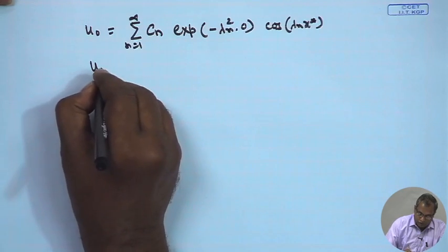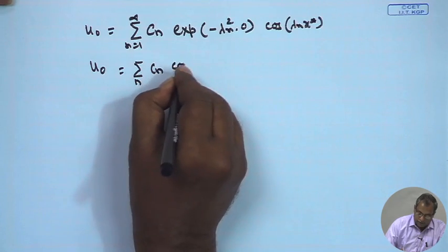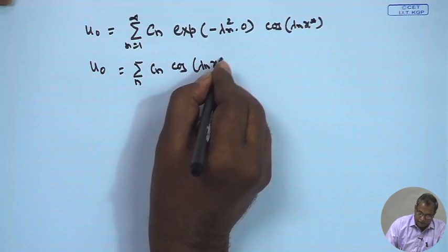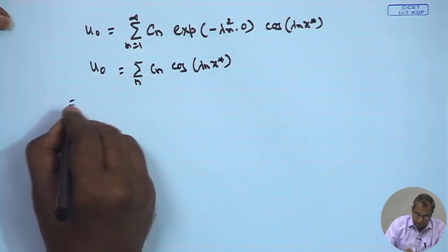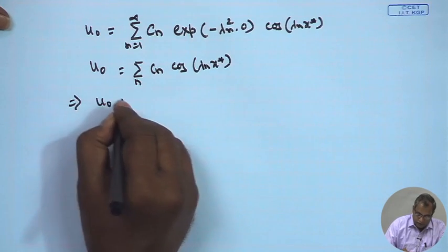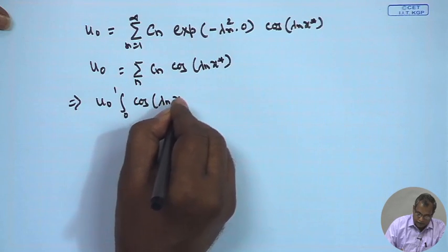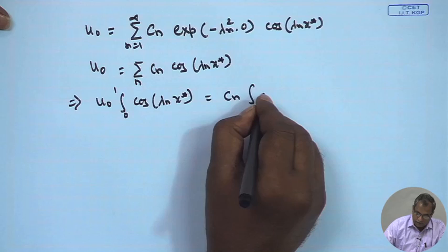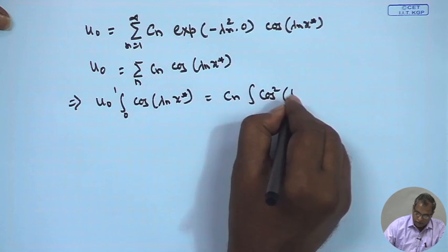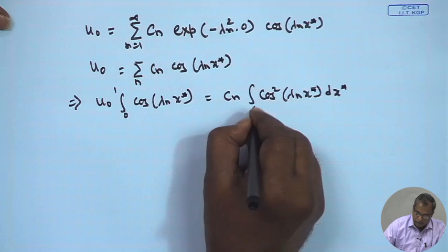Again we will be utilizing the orthogonal property of the cosine eigenfunctions. So, u naught integral 0 to 1 cosine lambda n x star is equal to c n integral 0 to 1 cosine square lambda n x star dx star.